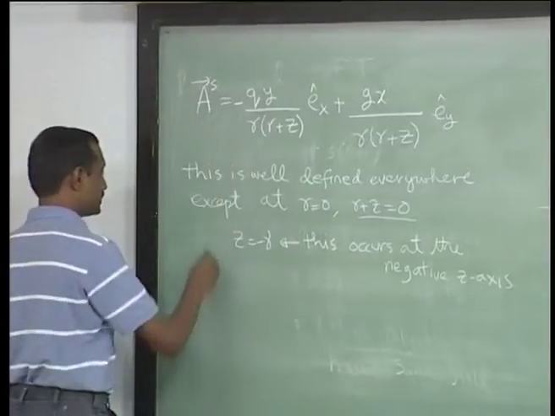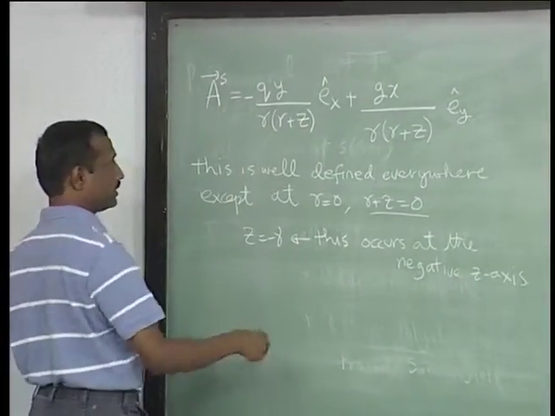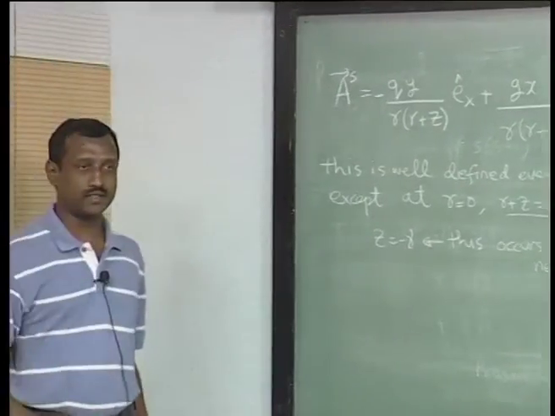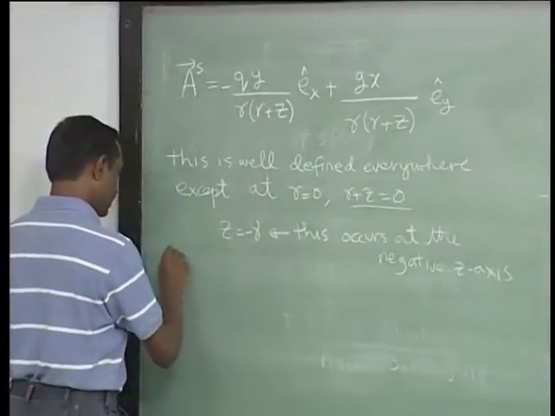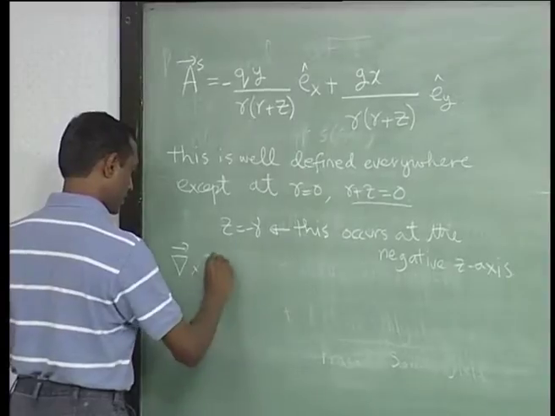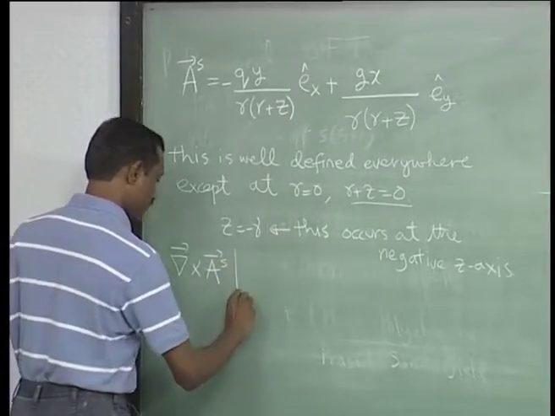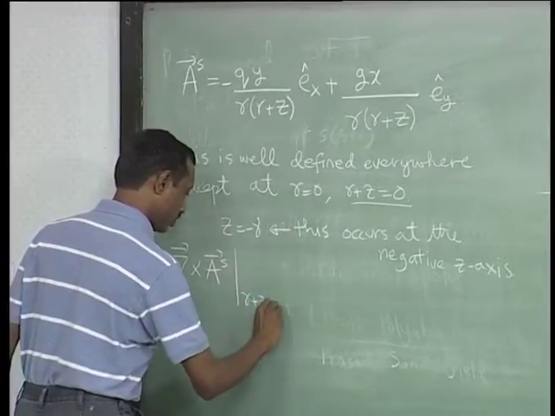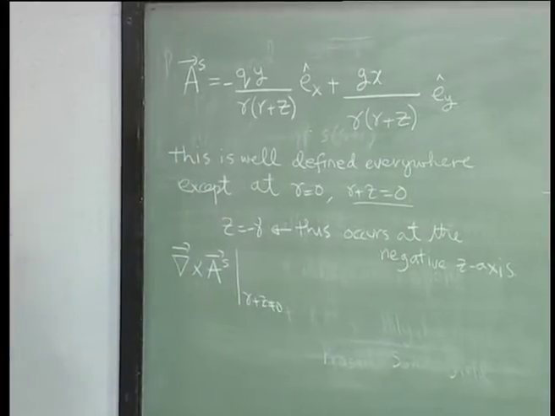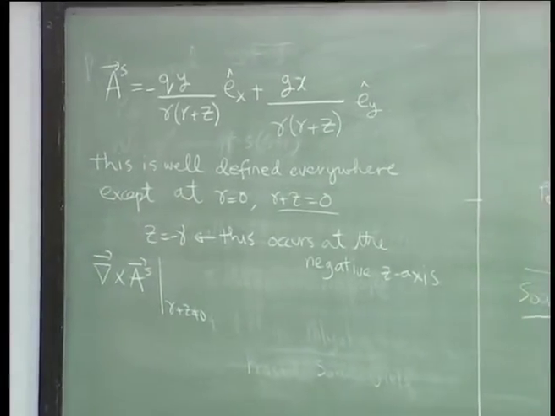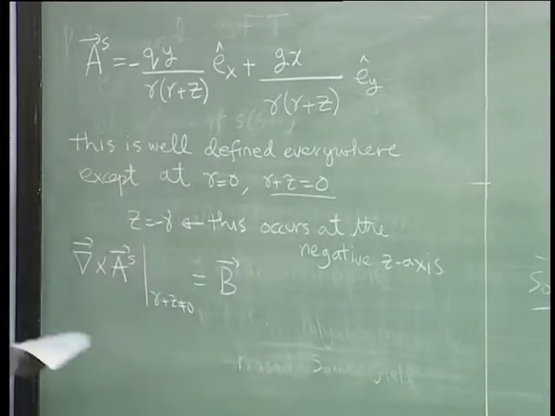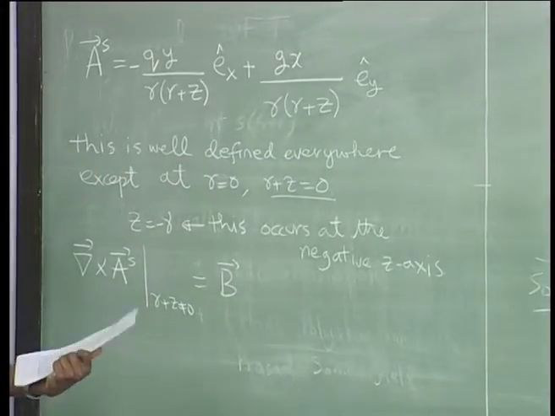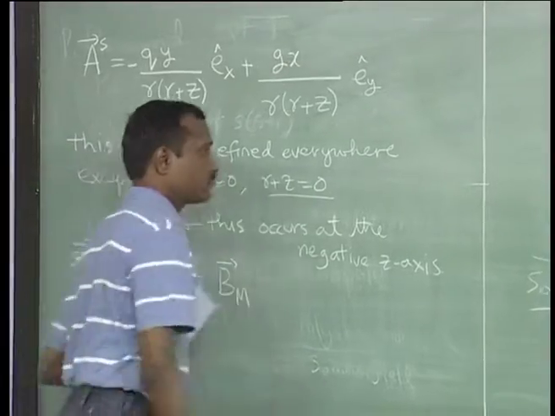If we agree to delete that z axis, we can just blindly go ahead and work out what is del cross A south for r plus z not equal to 0, at all points where r plus z is not equal to 0, and you can check that this is equal to B. B, let us call it B_M for magnetic monopole.